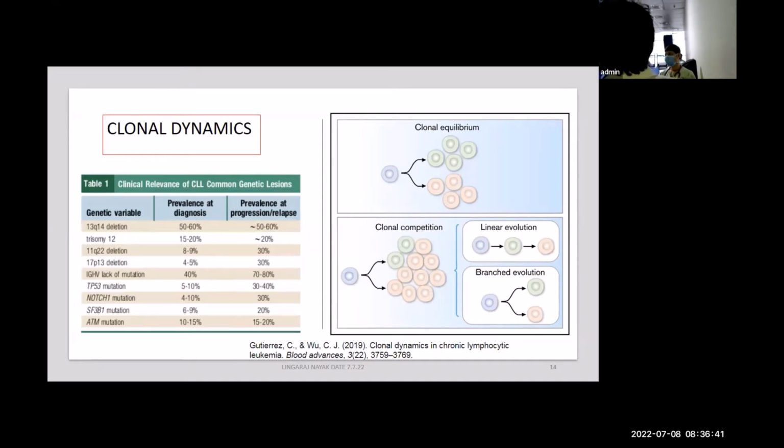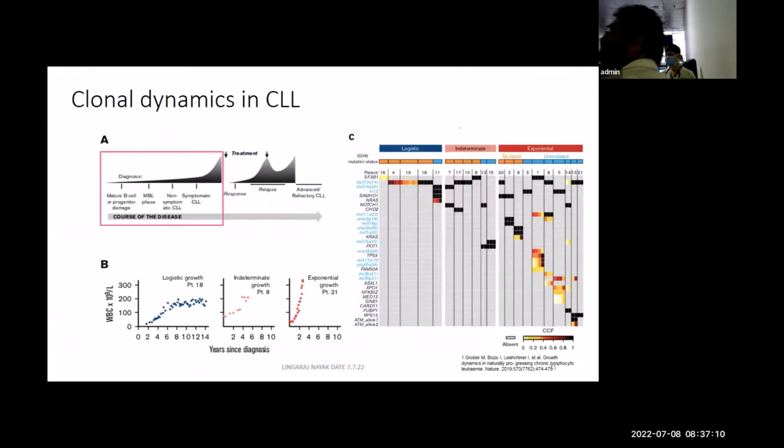So certain mutations are getting selected at relapse, but certain abnormalities remain stable. That's how the concept of a truncal mutation and a branch mutation arises. 13q and trisomy 12 are truncal abnormalities that will persist. But eventually, when the patients progress, they will develop subclonal mutations that will predominate at relapse. That's how clonal evolution was nicely discovered in CLL.